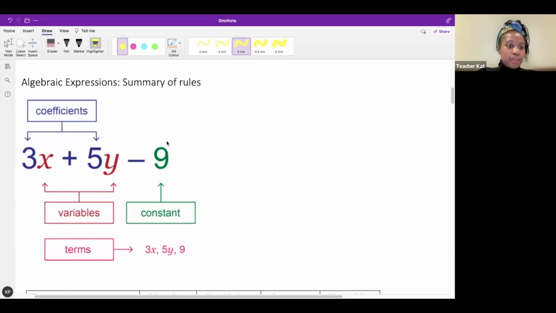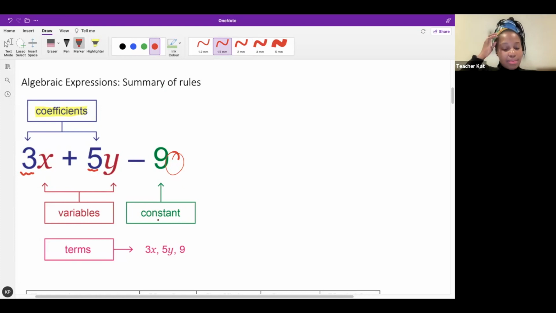Okay, now let's look. The first thing we spoke about is coefficients. Those are the numbers in front of the variables. So in this case, 3 and 5 are coefficients. But I cannot say negative 9 is a coefficient because it does not have a variable next to it.